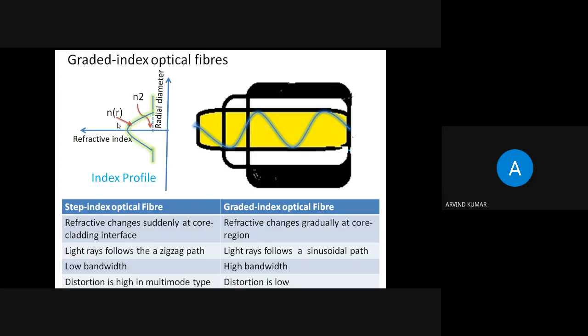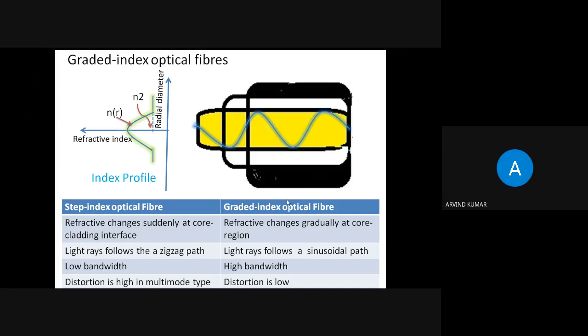So the refractive index is a function of r, the radial distance, and it is maximum at the center of the core and changes gradually as we move toward the core-cladding region. If we have this type of fiber, we call it a graded index optical fiber.